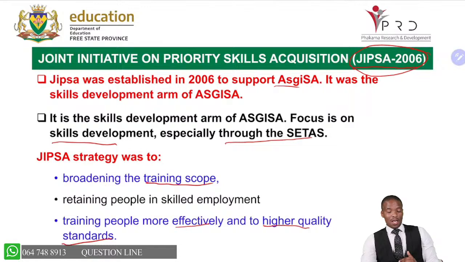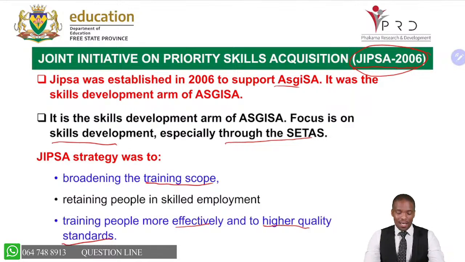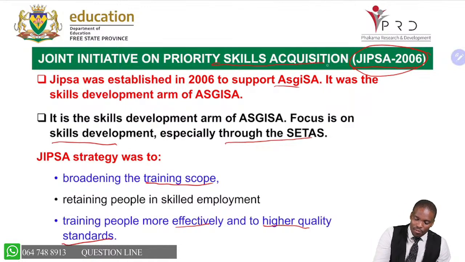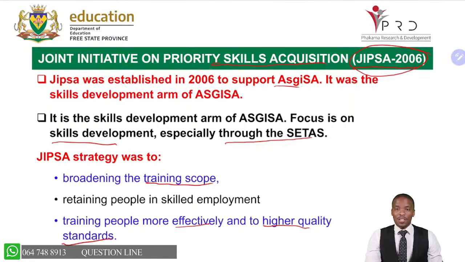Whatever we here in South Africa are doing, or the skills that we are having, should match the skills that other countries are having. If we talk about the issue of assembling cars or building cars from scratch, having all the relevant skills as other countries do, so that we stop importing cars from other countries but we produce them in South Africa. That is why that policy was introduced in 2006.